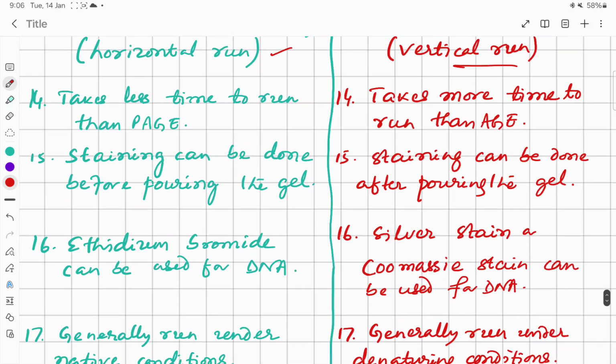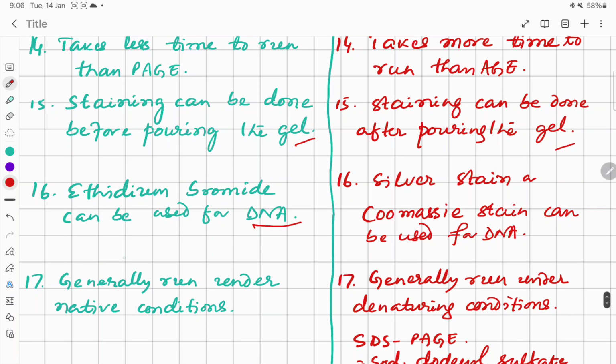Finally, for detection of the DNA or protein we need staining. Staining can be done before pouring the gel in case of agarose gel electrophoresis, and after running the gel in case of polyacrylamide gel electrophoresis.